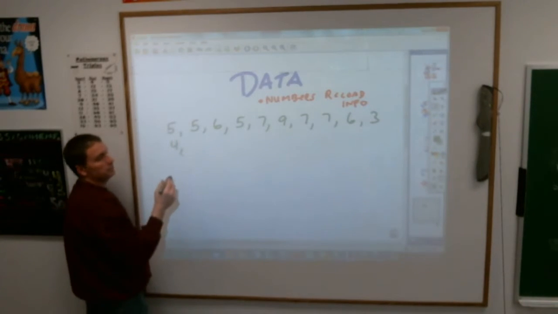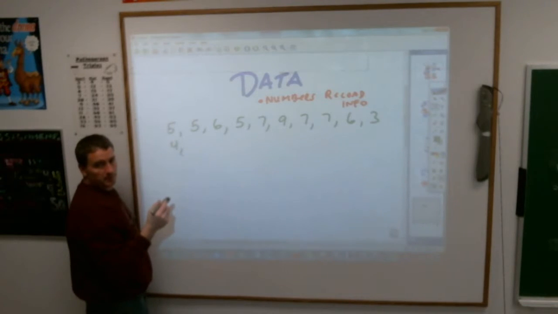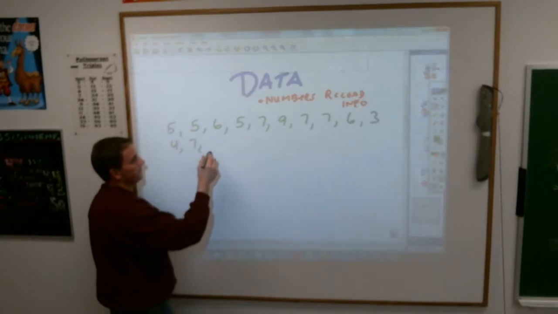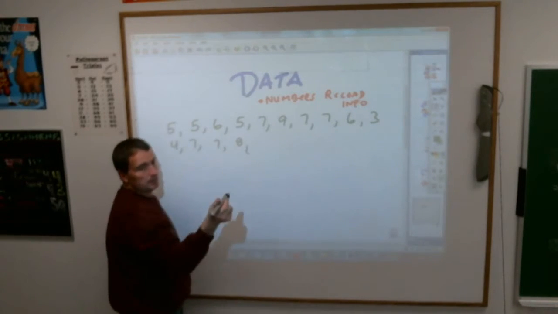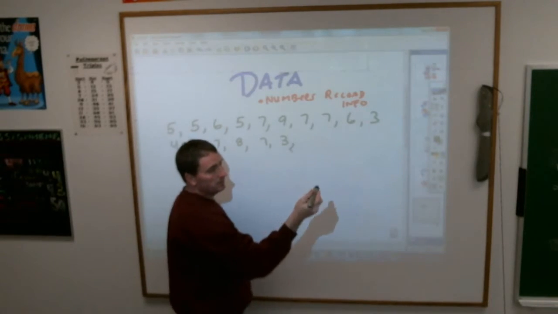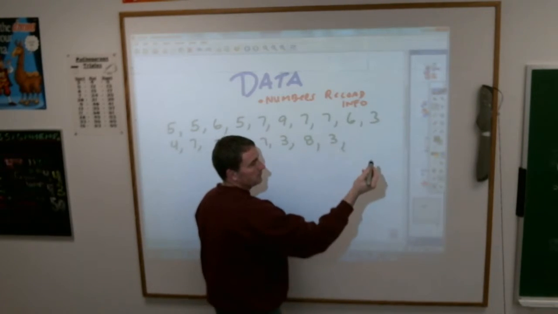Charlie? What's your shoe size? Oh, 7. 7. Blake? 7. 7. 8. 7. 3. 8. 3. 3.